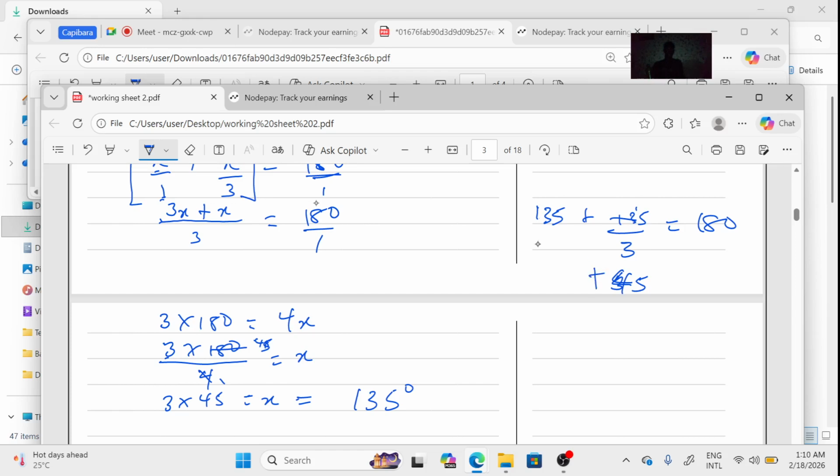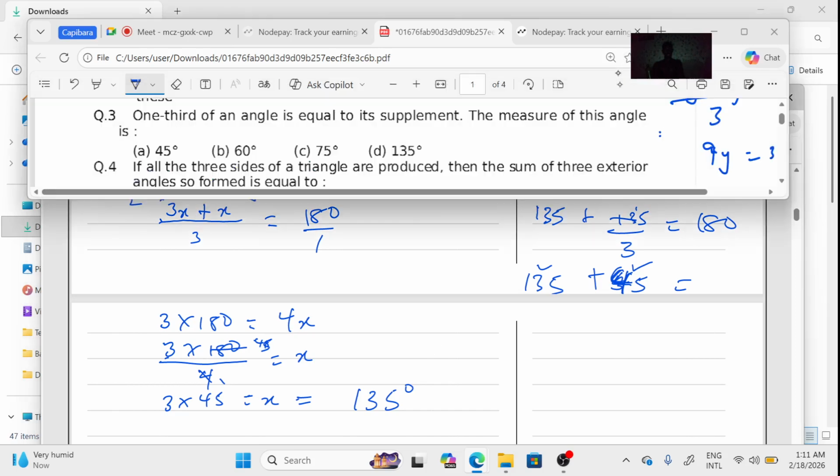So now we're adding 45 to 135. Is it equal to 180? Because that's what the statement is saying: the angle plus 1/3 of the angle makes up 180. It does. Yes, that's it.